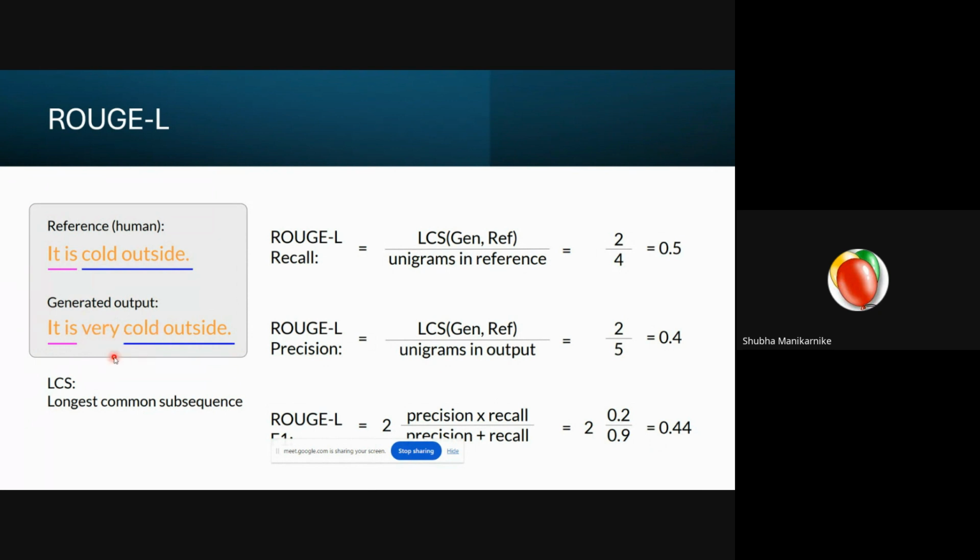If any particular word is occurring multiple times, you can clip it to just 1 and add that to your ROUGE score. There are slightly different variants on the ROUGE score, but in general, this is the formula that is available, and it is generally used for summarization tasks.